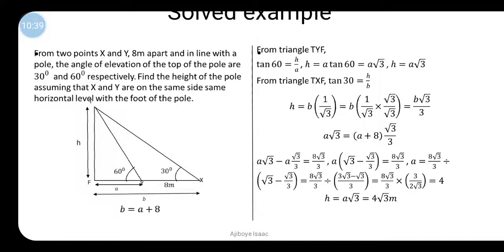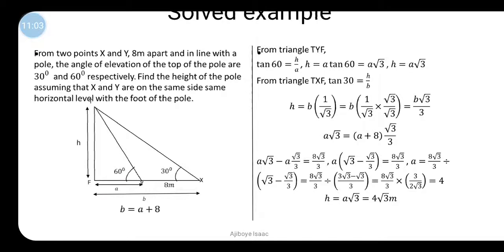So our a root 3 minus a root 3 over 3 will be equal to 8 root 3 over 3. A is common, so you collect like terms. You factorize. So a open bracket root 3 minus root 3 over 3 will be equal to 8 root 3 over 3. So all we need to do now is to make a subject. That is by dividing both sides by root 3 minus root 3 over 3.